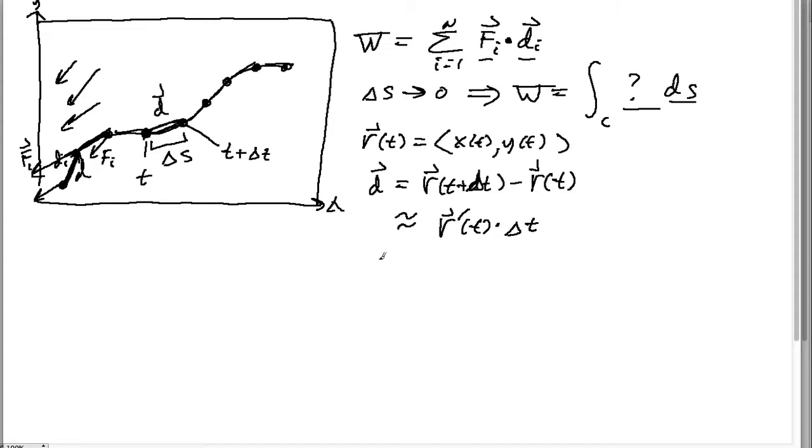That represents our vector. So one way we can write this down is to say that over this short little piece of the path, we have some vector F that represents the force we're working against, and then the work is going to be the integral from a to b of F, defined at x of t, y of t, dotted with the vector function r prime of t dt.